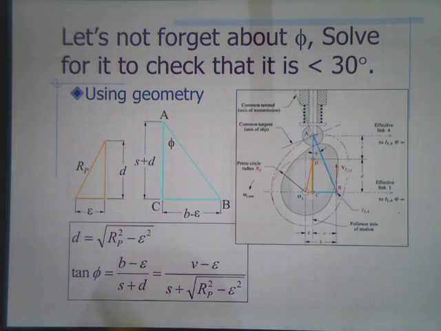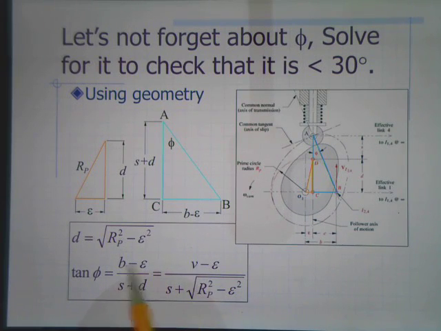And for our angle here, we're going to use the tangent. So the tangent of our pressure angle phi is equal to our opposite over our adjacent. Our opposite is B minus epsilon, and our adjacent is our S plus D. And so we already have the D as the square root of RP squared minus E squared, so we put that in here.